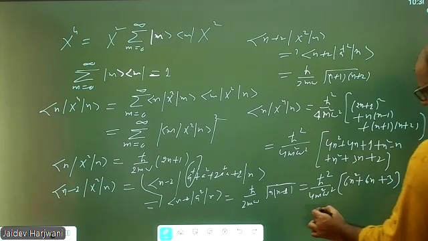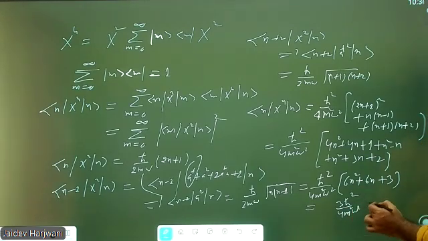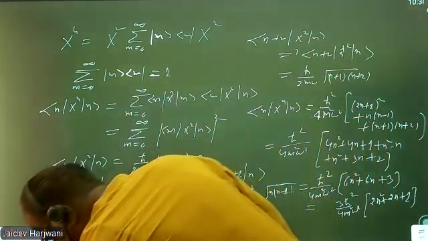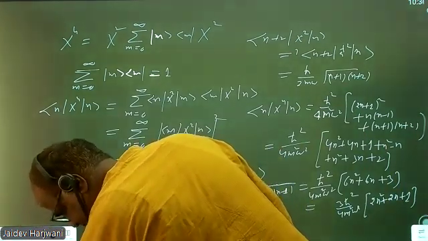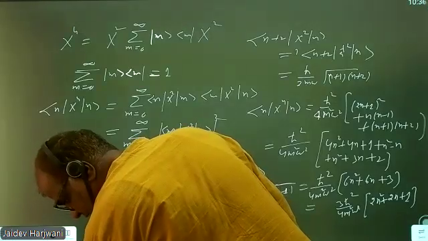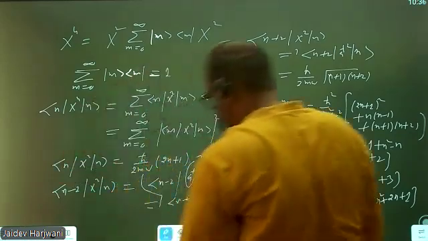If I take 3 common, this gives me 3ħ² upon 4m²ω² times (2n² plus 2n plus 1). So this is my expectation value. Let me check the answer. Yes, this is the correct answer.